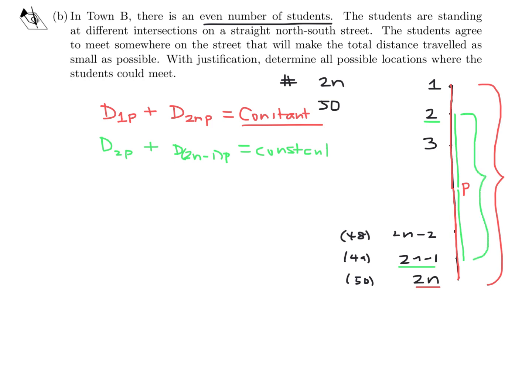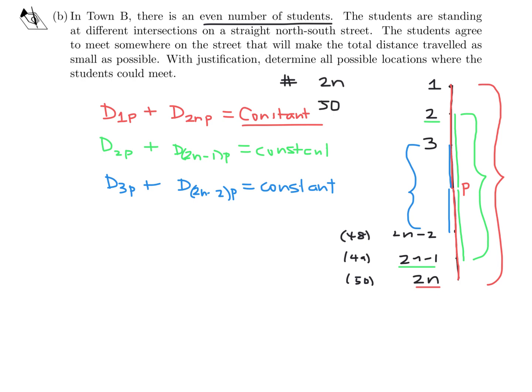And in a very similar way, I'll just do this one more time because I think you get the idea. The distance from 3 to P and the distance from 2n minus 2 to P, that's also going to be a constant. Regardless of where P is, that distance is going to be from there to there plus there to there, and that distance is going to be a constant regardless of where P is placed.